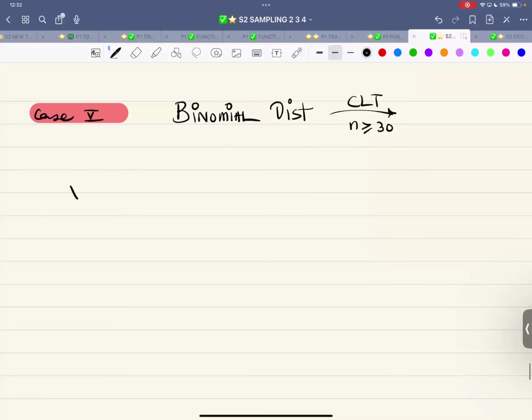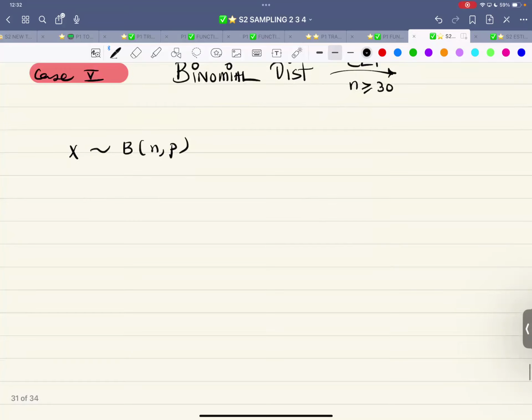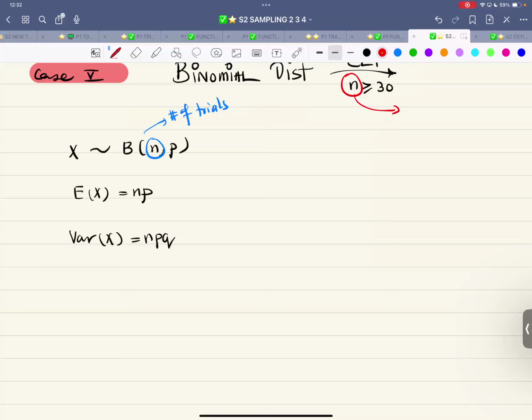Now keep in mind, when we talk about the binomial distribution, X follows a binomial distribution N comma P. Expectation of X is NP. Variance of X is NPQ. And over here, also keep in mind, this N is the number of trials. This has nothing to do with this N, which is the number of samples. These are two different things. Do not mix up the two.